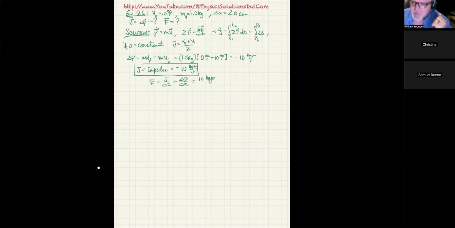And again, I'm just taking the magnitude because the force that the board applies is actually in the upward direction, which we're probably going to call the negative direction. That's why we got the negative impulse.